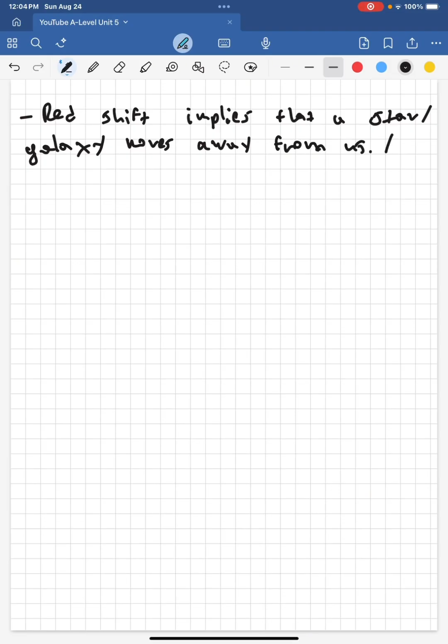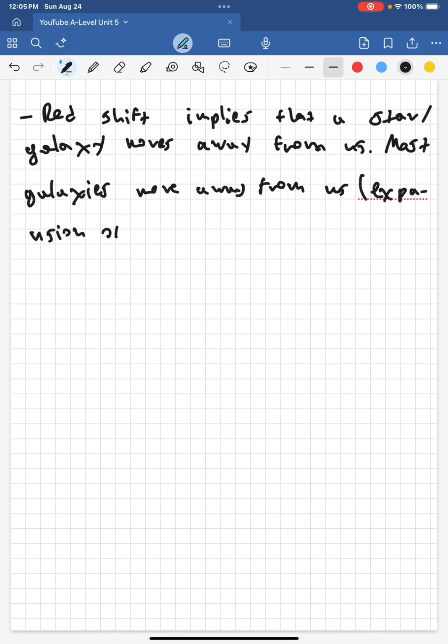It turns out that most galaxies move away from us, which is something that you probably heard in kindergarten as the expansion of the universe.